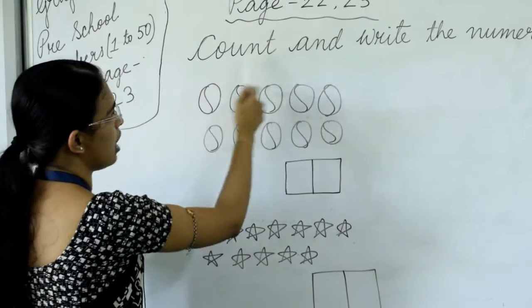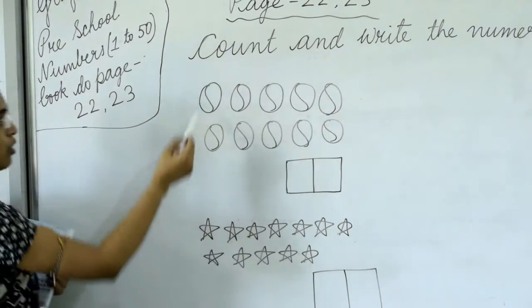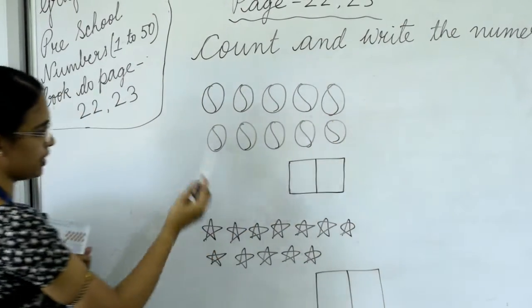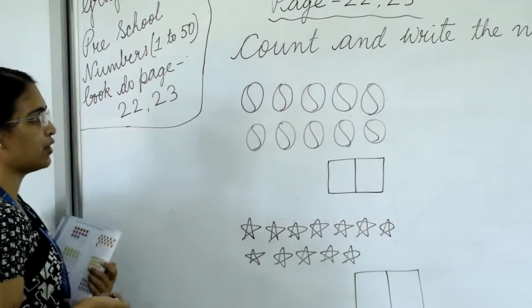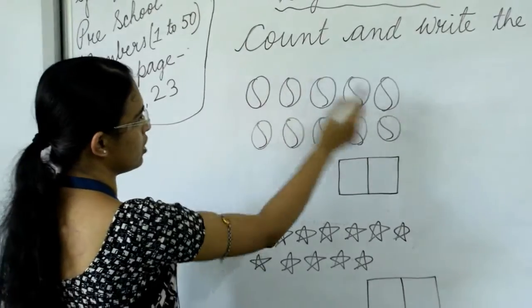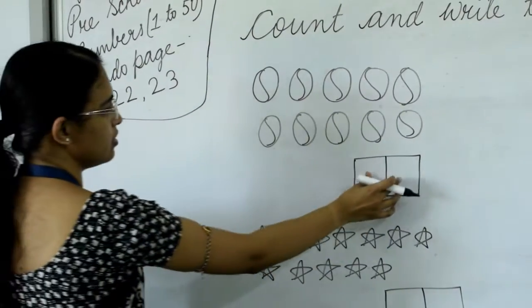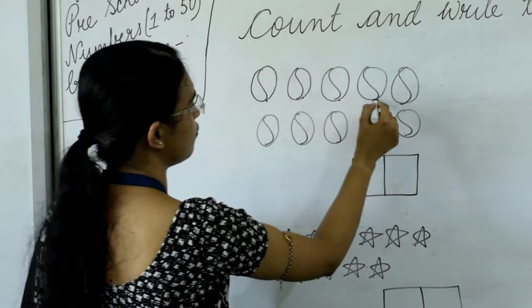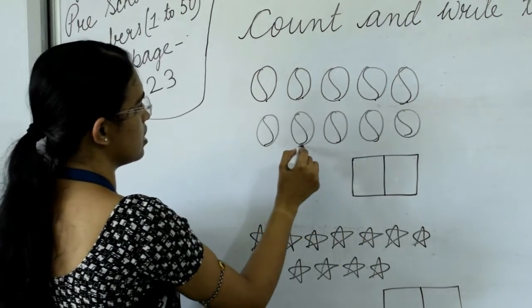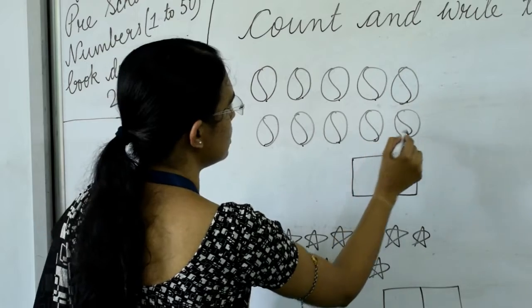The question is count and write the numerals. So I have made these pictures. These all are balls. So what we have to do? We have to count all the balls and write the numbers. So let's count: 1, 2, 3, 4, 5, 6, 7, 8, 9, 10.